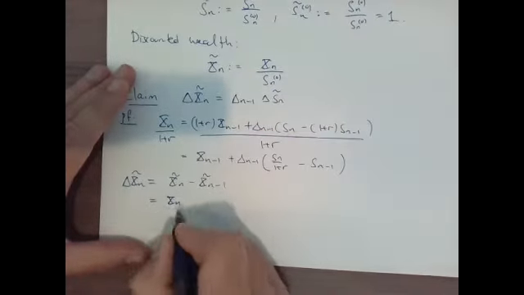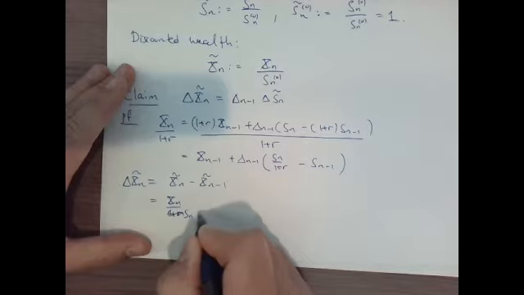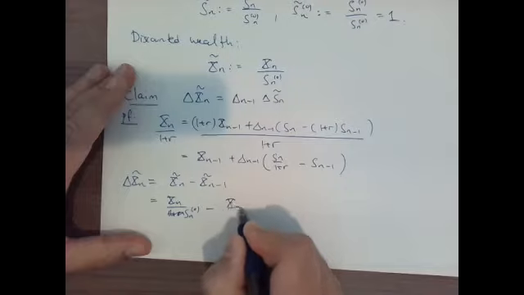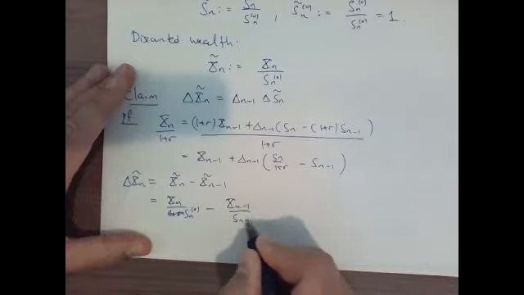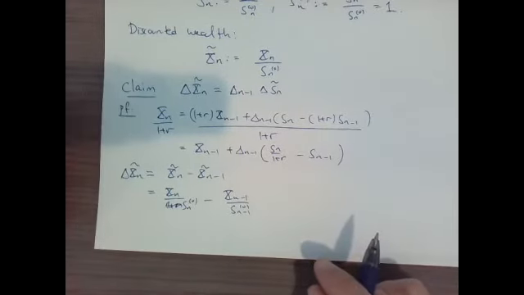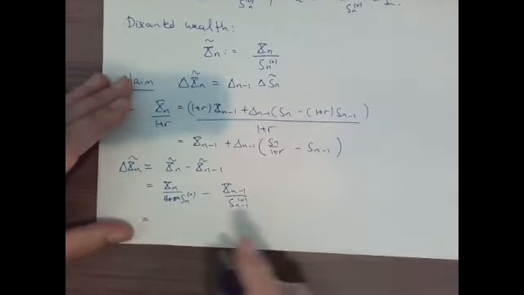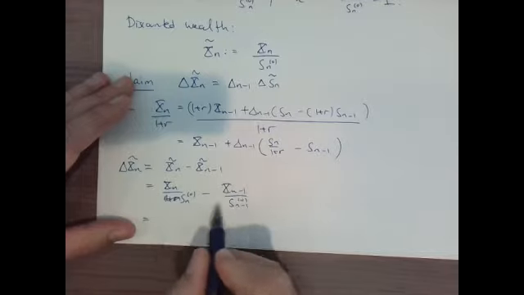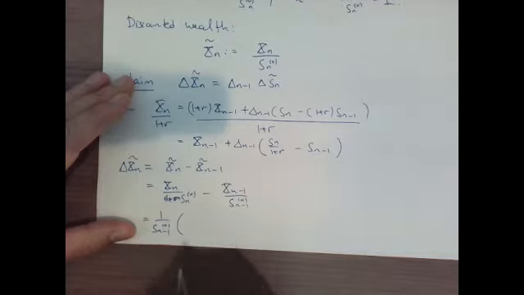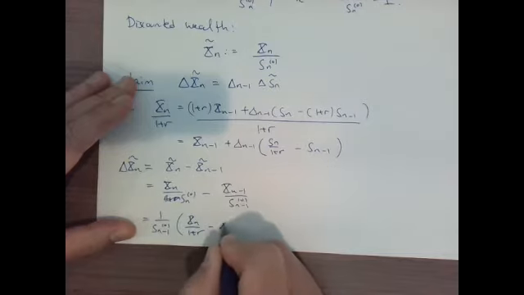This is xn divided by the bank account at time n, minus xn minus 1 divided by the bank account at time n minus 1. So this thing here can be worked out. There's a common factor. I can put 1 over Sn minus 1, 0 outside. Then here I'll have xn divided by 1 plus r minus xn minus 1.